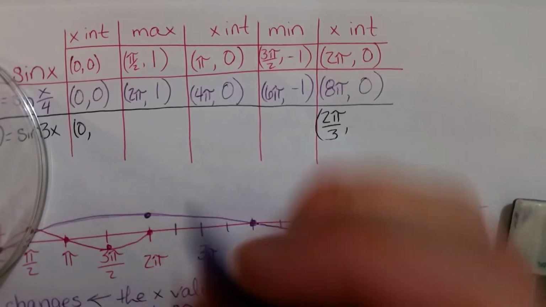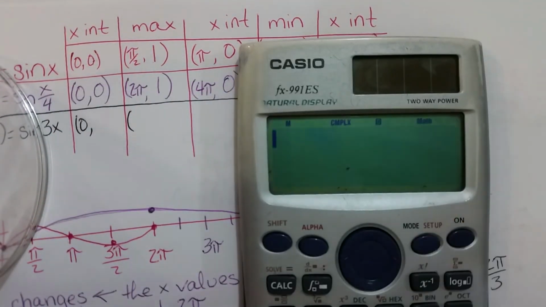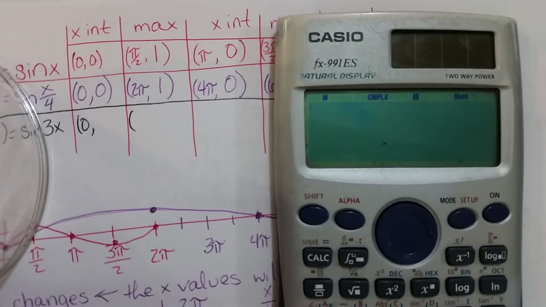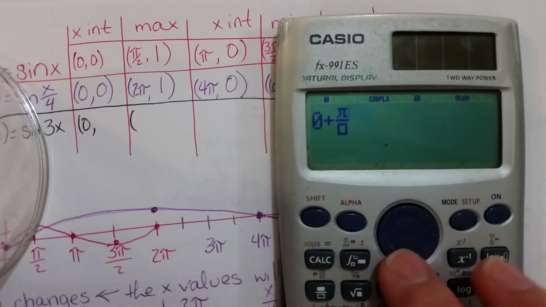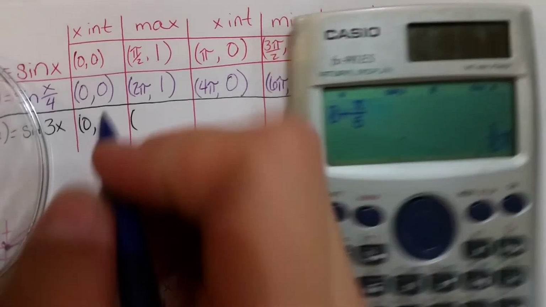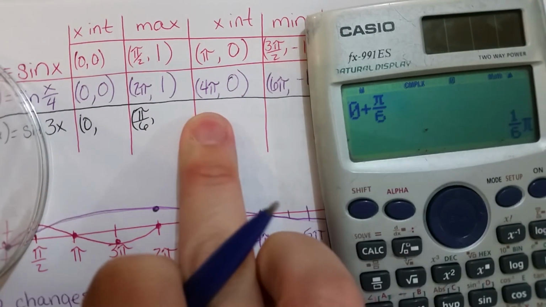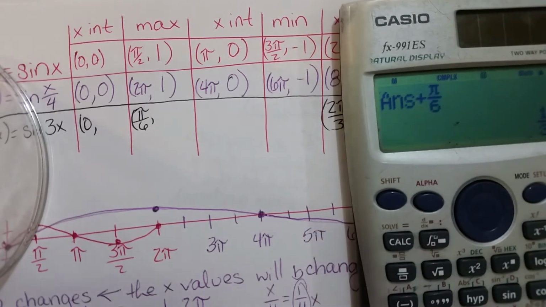That means that when I go up here to do my x values, each time I'm going to be adding π over 6. So 0 plus π over 6, you can put it in the calculator, but you shouldn't need to, is going to be π over 6. Then for the next one, you're again going to add π over 6, so you get π over 3.